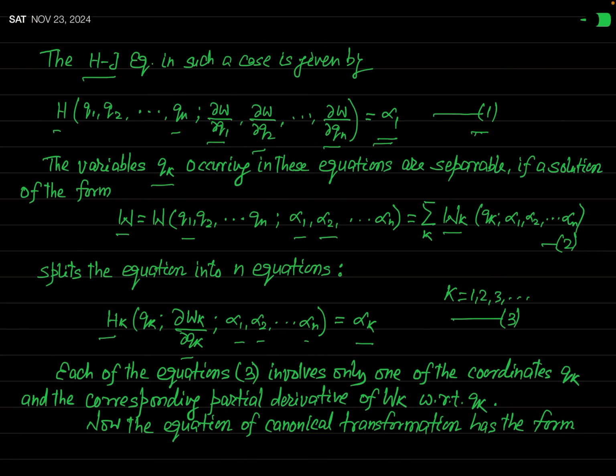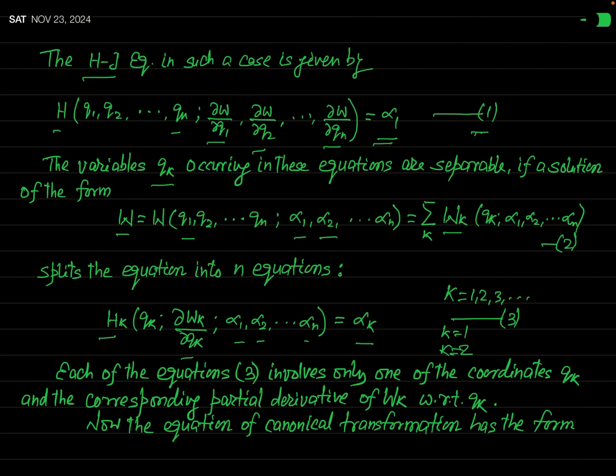So when you take k equal to 1, then this equation will become h1 of q1, del W1 by del q1, alpha 1, alpha 2, so on, alpha n. After that you may take k equal to 2, then the equation will be h2 of q2, comma, del W2 by del q2, alpha 1, alpha 2, so on, alpha n, equal to alpha 2.